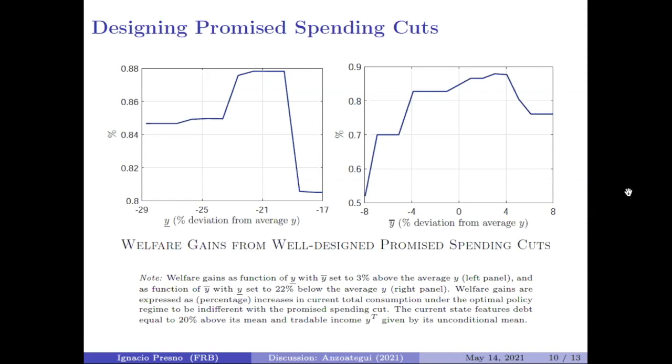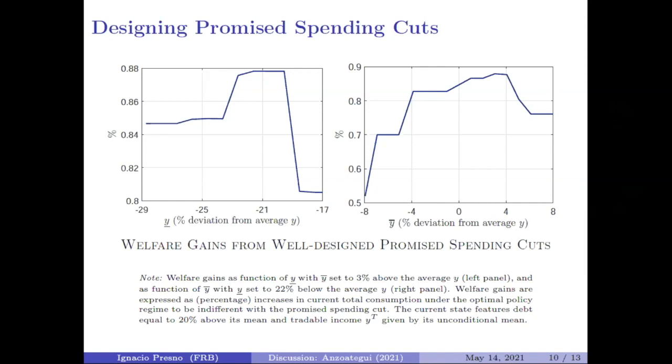the upper bar for income, we can have that the welfare gains also fall if spending is conducted in very good states as well.